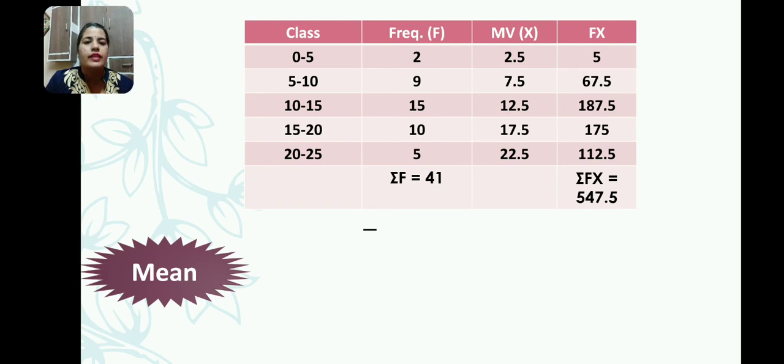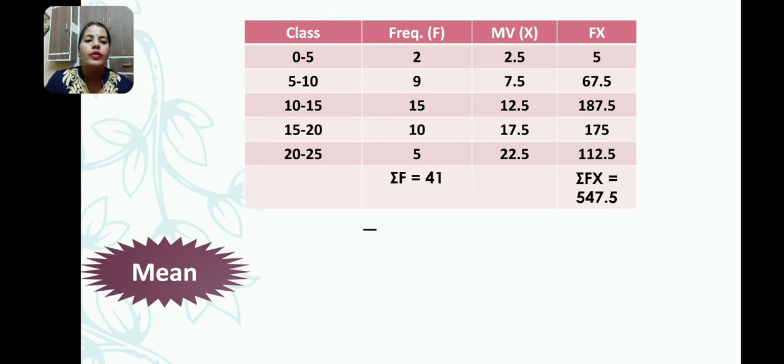By this method you can get all the mid values, which will become x. And according to the direct method formula of mean you need fx, so you will multiply f and x. So fx will come, then you will add all the fx to get sigma fx, and you also need sigma f, the total of f.